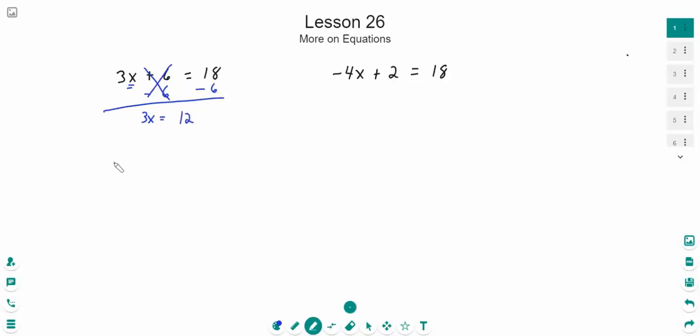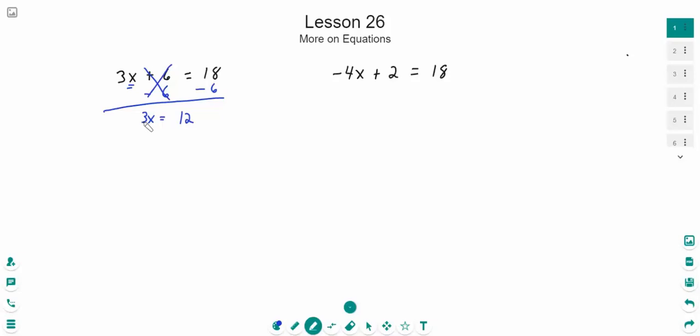All right? Now, in previous lessons, that was about it. That's where we were about done. But now we have another step. So now we still don't have x by itself. We're closer. We've got the x term by itself, right? But we don't have the x by itself. So to do that, we need to remember our multiplication rule.